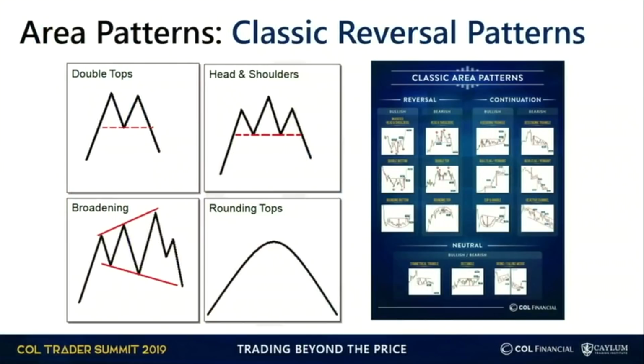When you start looking for a pattern in a graph, please don't look at this poster and say, what is this? Double tap. Let me look, I'll find this. Believe me, you're going to find one, even if it's not there. All right? So the way to look for a pattern is simply doing this. Look at your chart. Let's say you're looking at the first one here.